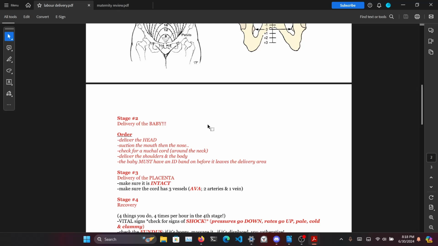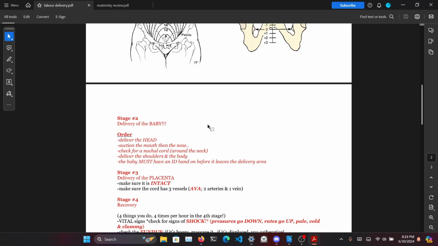In this, dilation goes 8 to 10 centimeters, and the contractions come every 2 to 3 minutes and last for 45 to 90 seconds. It's a very exhausting stage, and you have to keep the mother awake and help her with normal breathing, deep breaths, and ice chips, and help the mother push the baby in the next stage.